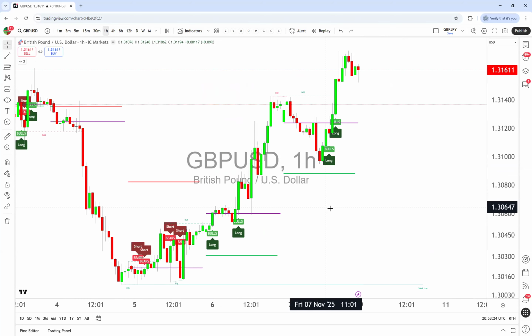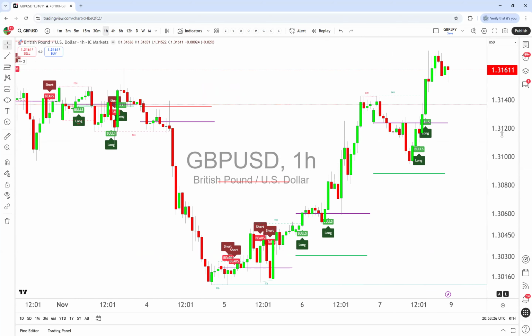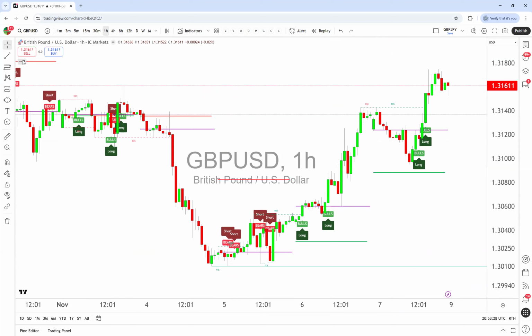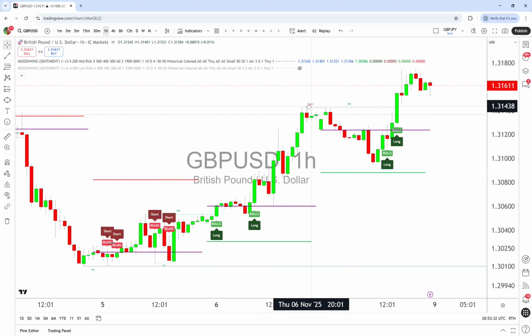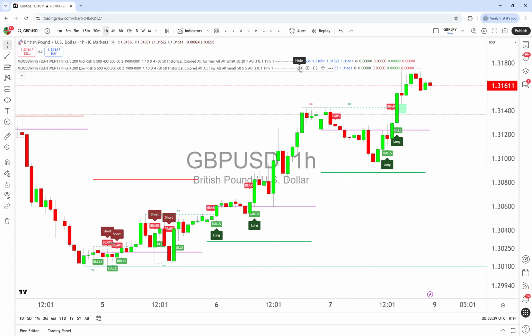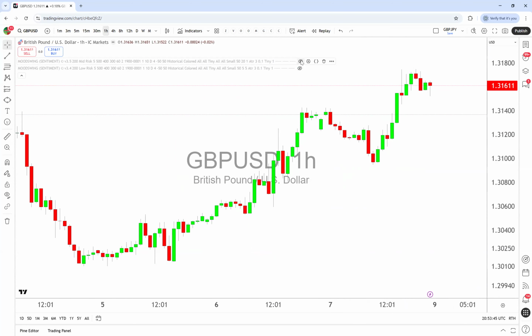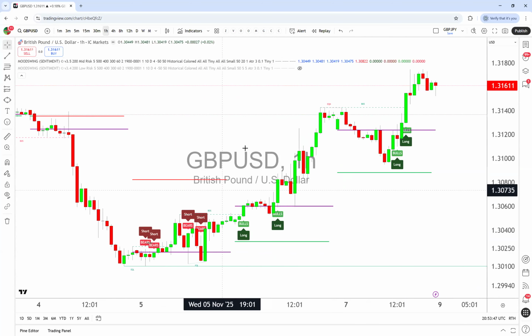So what we're going to do here is, previously we were saying once the price is above the mood swing level, you go into the settings and change it.